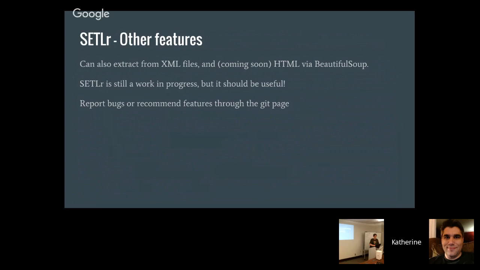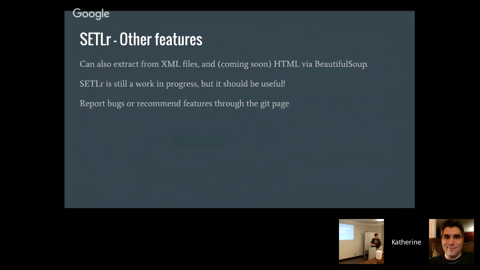Right, so I've implemented XML, but I haven't really tested it, so that's why it's in here, because we haven't had many use cases for it. I also have plans to include HTML scraping using Beautiful Soup.